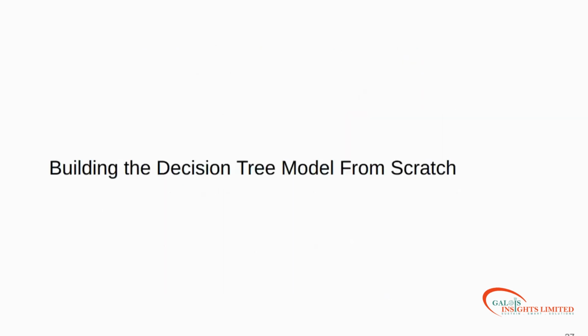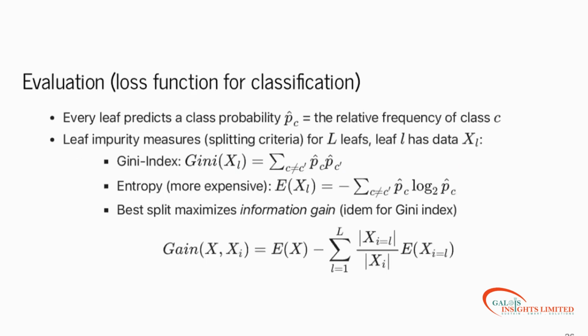Now, what are the methods the decision tree uses to split the data set? It uses two different methods. The first one is called the Gini index, which is simply the summation of the probabilities of the classes, where the probability of one class is not equal to the other.